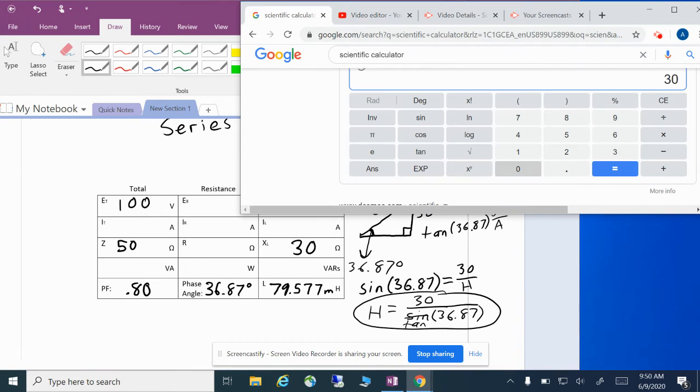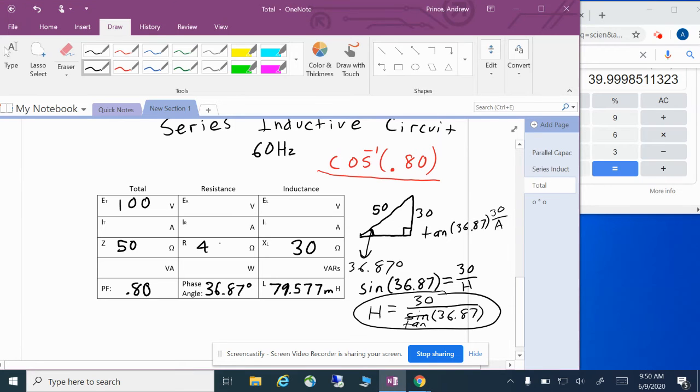So let's see what that looks like. 30 divided by tangent 36.87 gives me 39.9. Okay, so we're going to say 40. So approximately 40 ohms. So with all these values, now I can start doing more of this equation here.